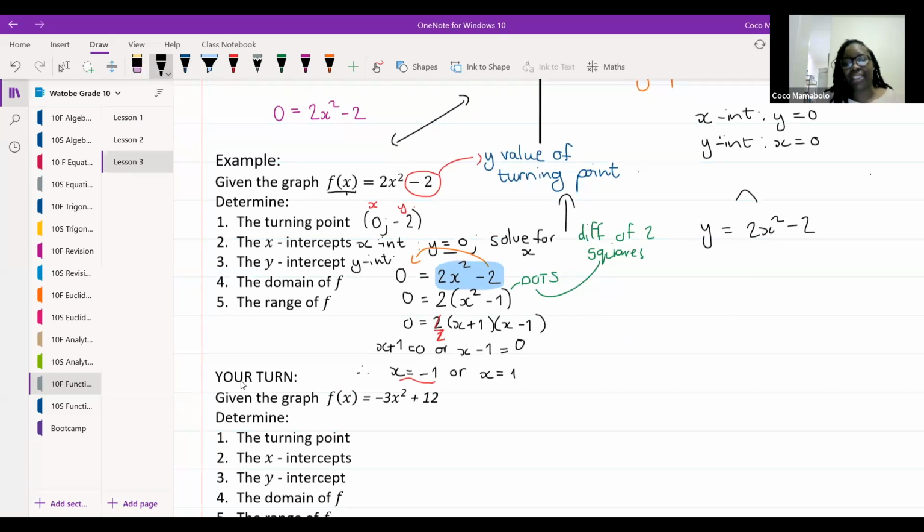We're going to make x equal to 0. So we will get y is equal to 2, open brackets, 0 squared minus 2. Therefore, this whole thing over here is just going to give us 0, and therefore y is equal to -2. So my coordinate is going to be 0 for x and -2 for y.